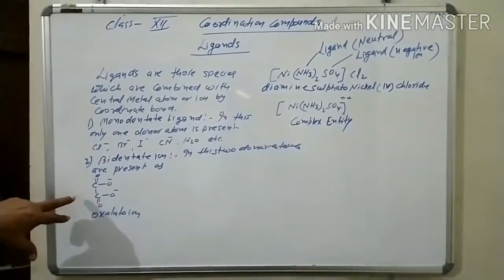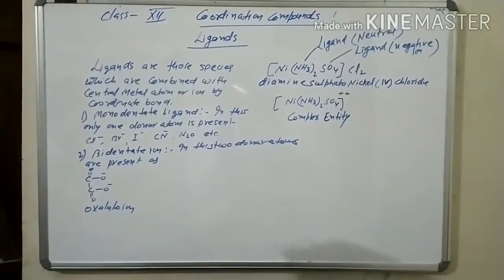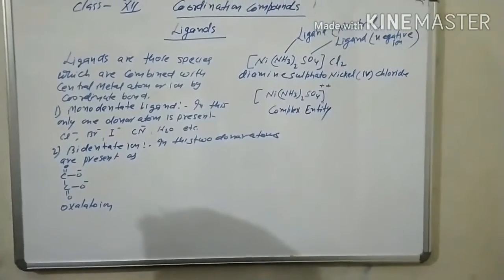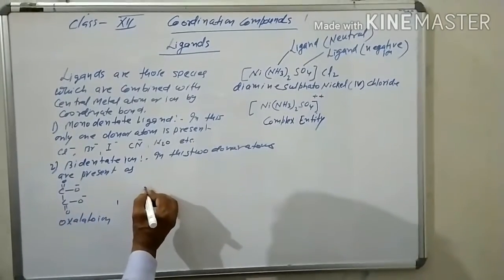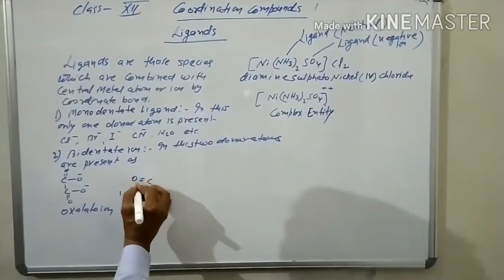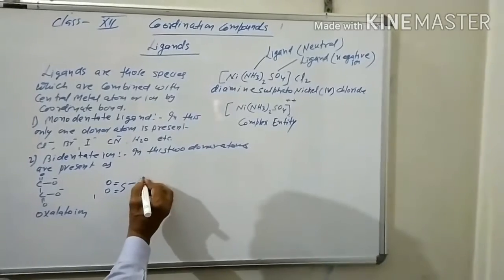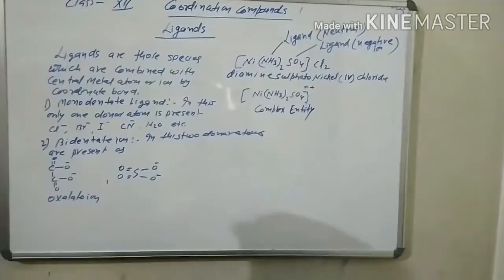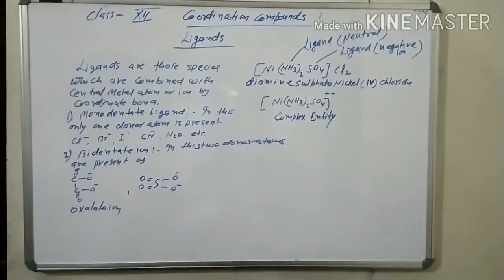Out of 4 oxygen atoms, 2 oxygen atoms are donor atoms, which are coordinated with the central metal atom or central metal ion. In a similar way, in the sulfate ion also 2 oxygen atoms are present as donor atoms.